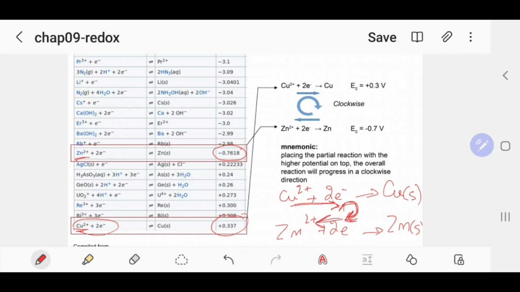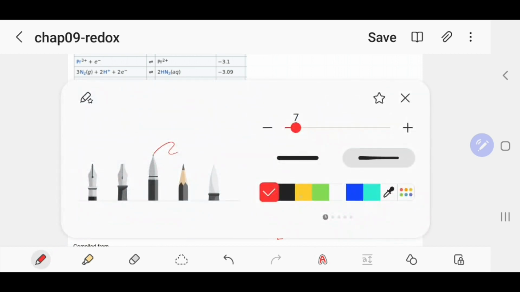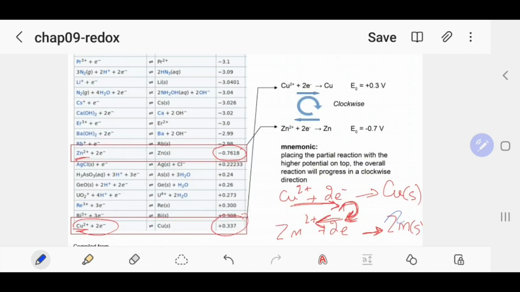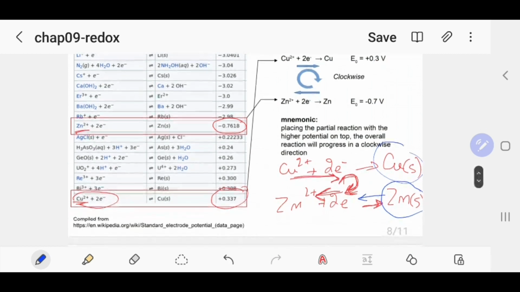So the zinc metal is actually decomposed like this into zinc ion and electron. So the starting point is the zinc metal and not the copper metal, because the copper is actually reduced from 2 plus to 0.